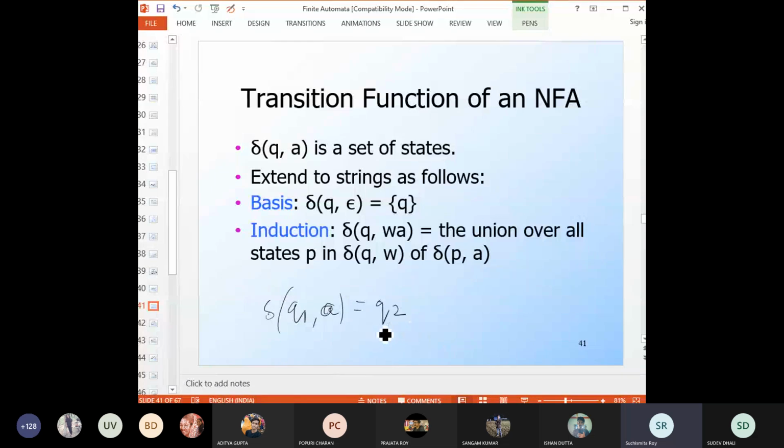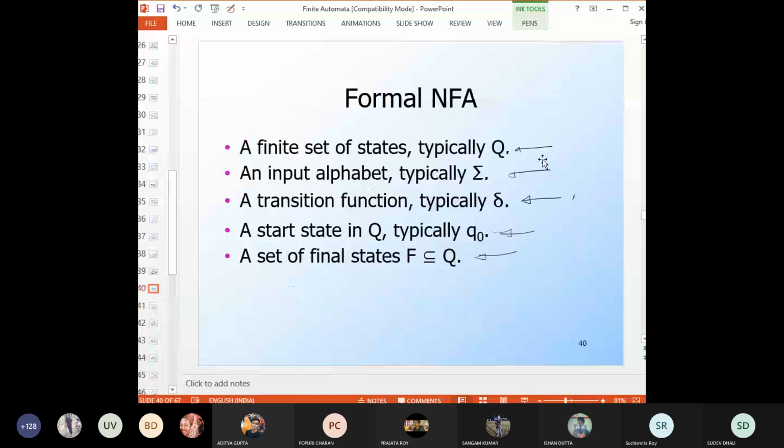So this is now not a single state, but rather a set of states. Okay, so for a given state on a particular input character, you might be able to go to several different next states. So the transition function delta here is now slightly differently defined.